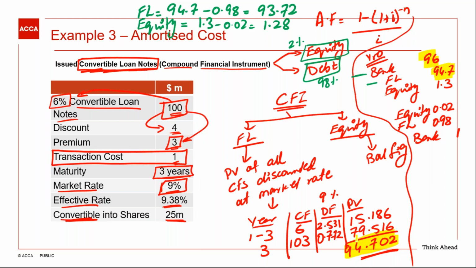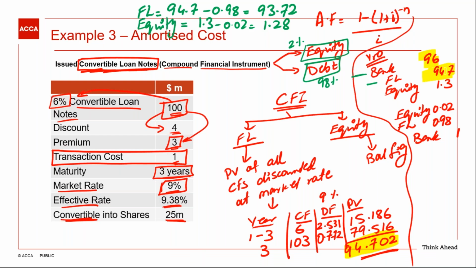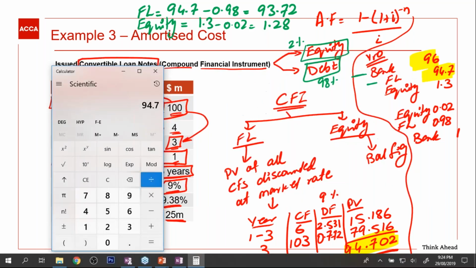Crystal is saying, sir, I missed how you got 0.98. Crystal, I actually divided 94.7, the value of the liability, divided by the 96, which was the total. So divided by 96 is the value of 0.9864.